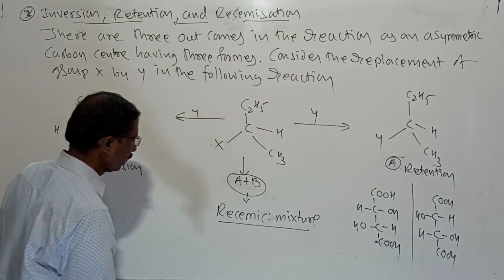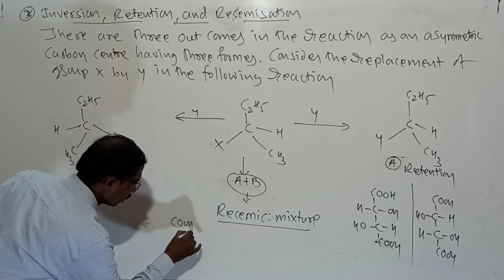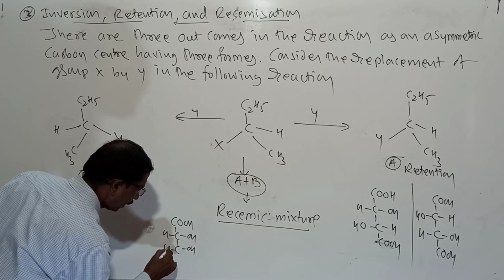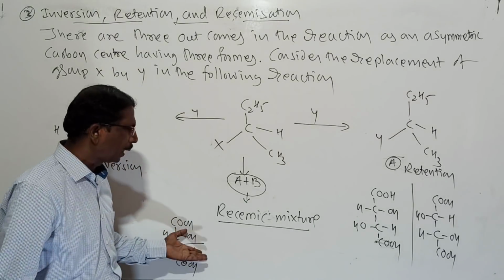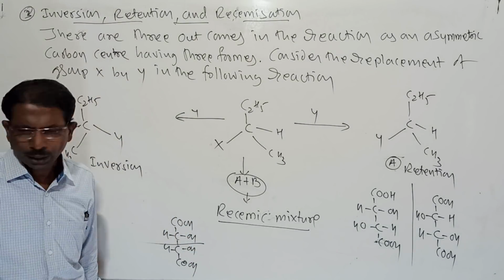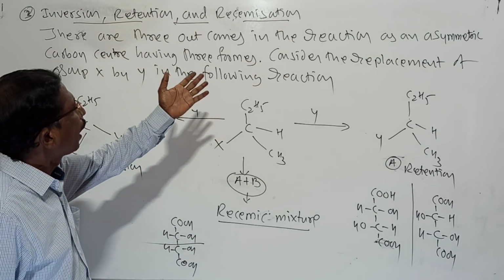If these two are mixed, you get a racemic mixture. It has a plane of symmetry. So this is about inversion, retention, and racemization.